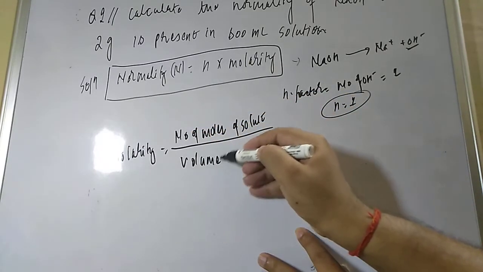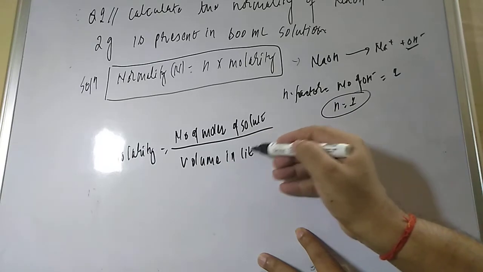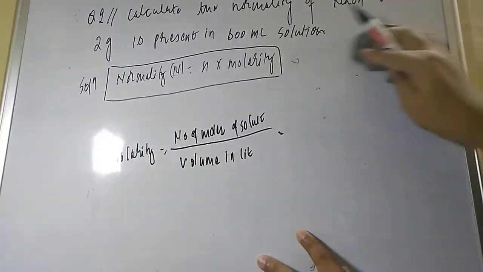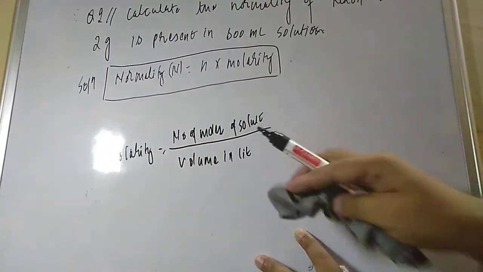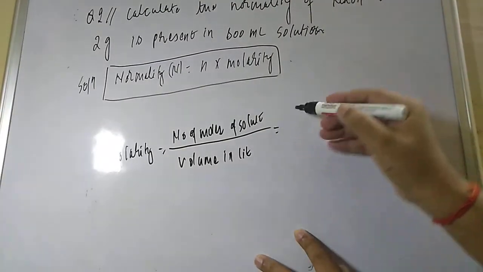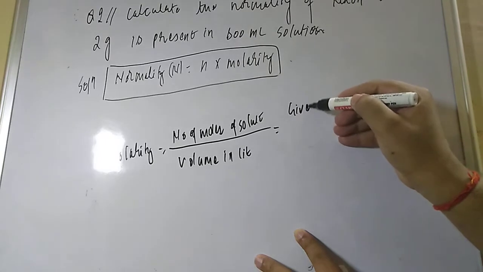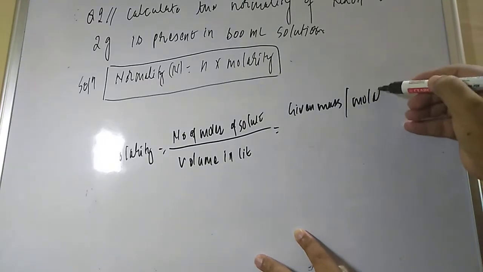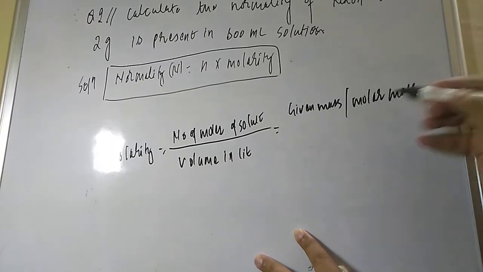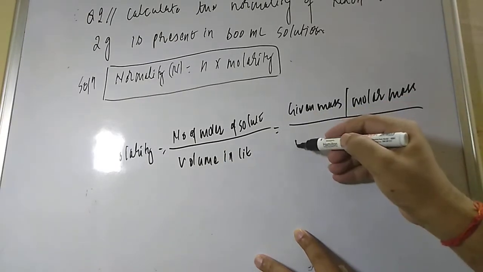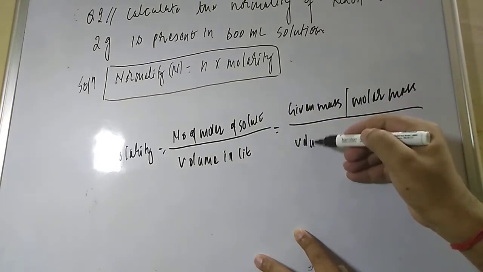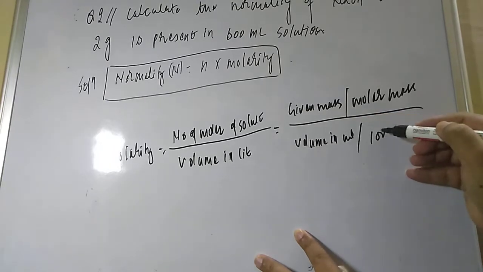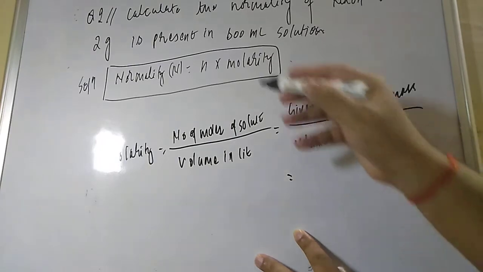Dear student, how to calculate the number of moles? Number of moles is given mass upon molar mass, and the volume in liter is volume in milliliter divided by 1000.